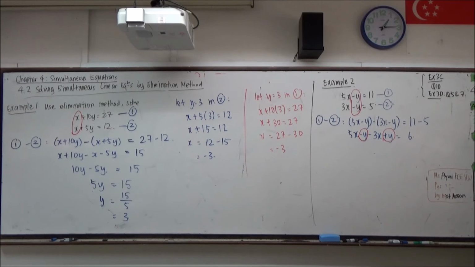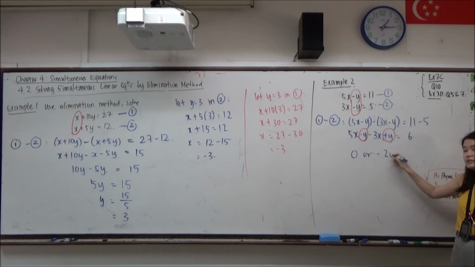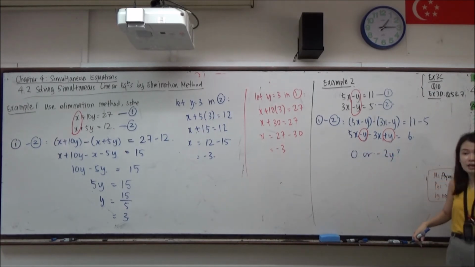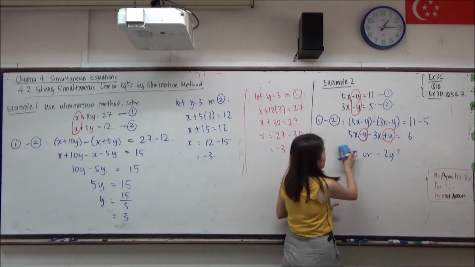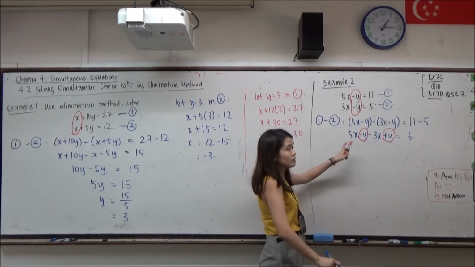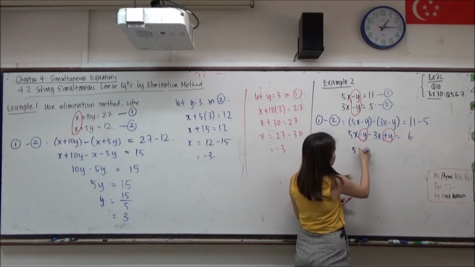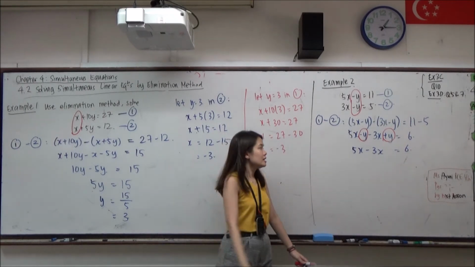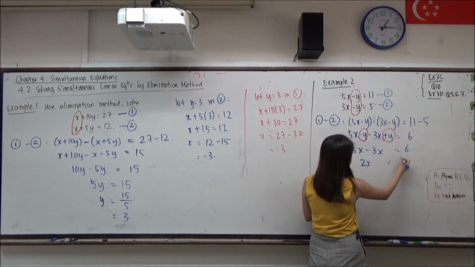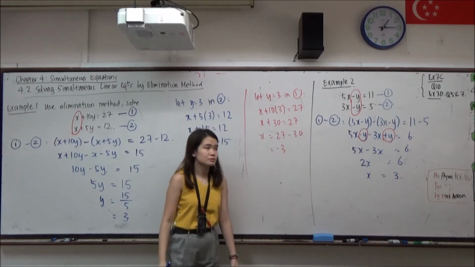Is it 0 or is it minus 2y? It's 0, just like negative 1 and plus 1 becomes 0. So negative y and plus y becomes 0 also. So it cancels out, it gets eliminated. So we have 5x minus 3x equals 6. Then 2x equals 6. x equals 3.